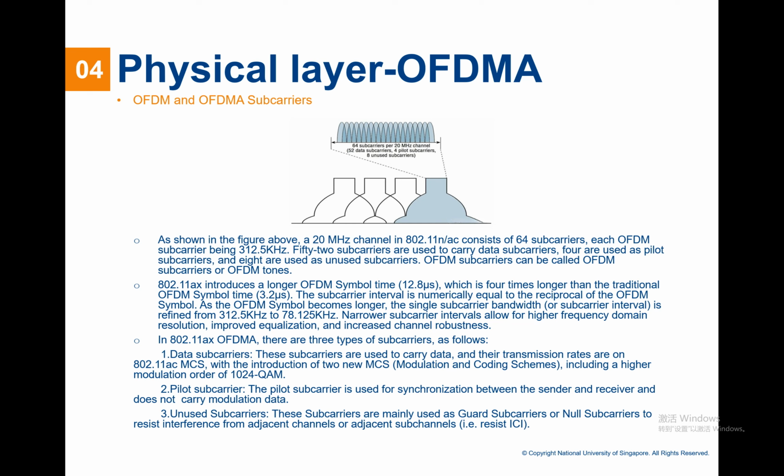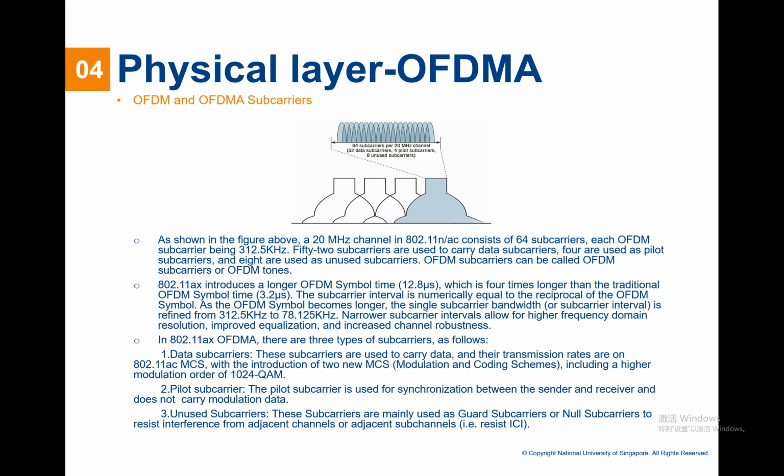802.11ax introduces a longer OFDM symbol time, 12.8 µs, which is 4 times longer than the traditional OFDM symbol time, 3.2 µs. The subcarrier interval is numerically equal to the reciprocal of the OFDM symbol.